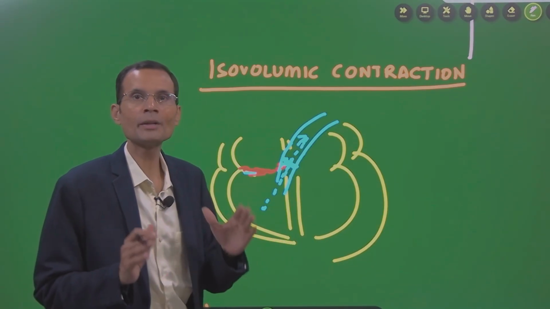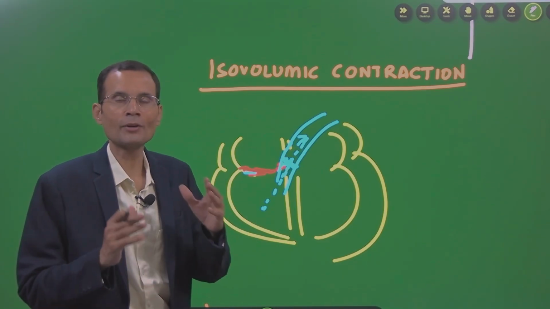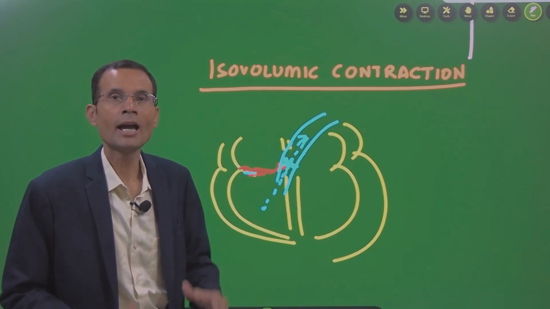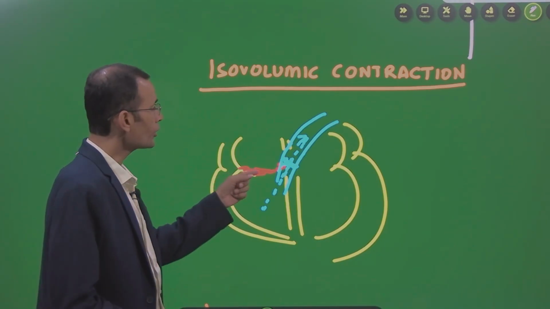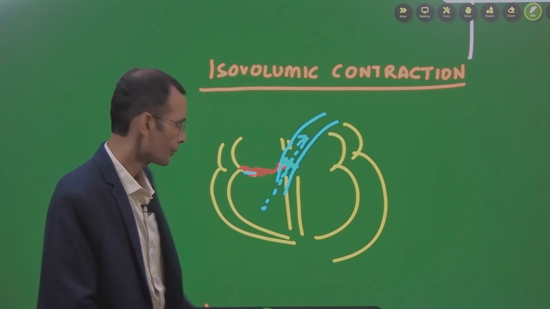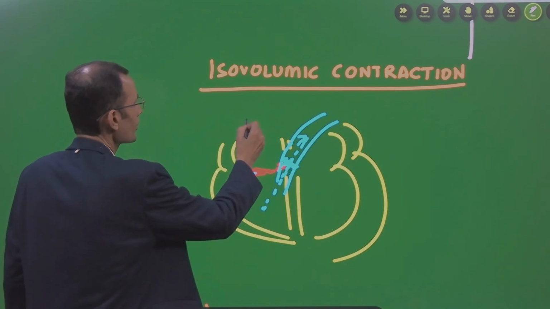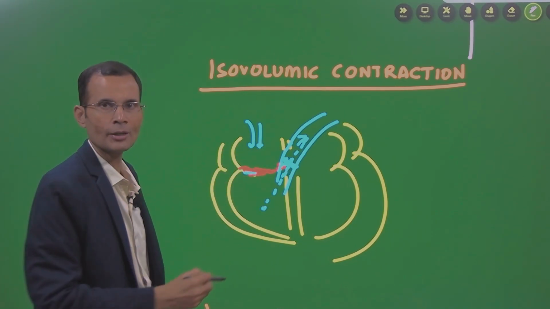That's isovolumic relaxation. Why is it isovolumic? Because the tricuspid valve could not be opened yet. Because of that, blood coming from the periphery accumulates in the right atrium.